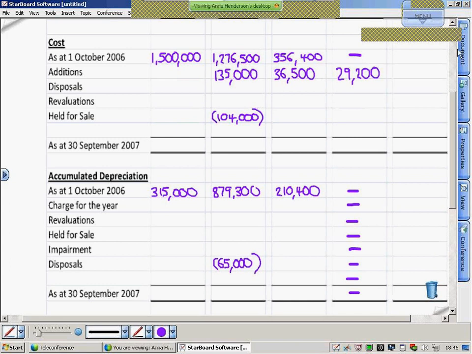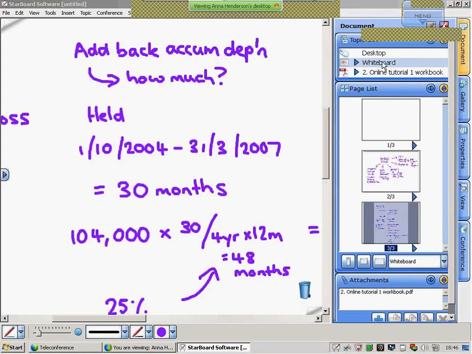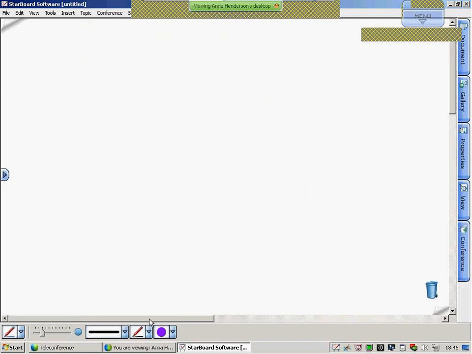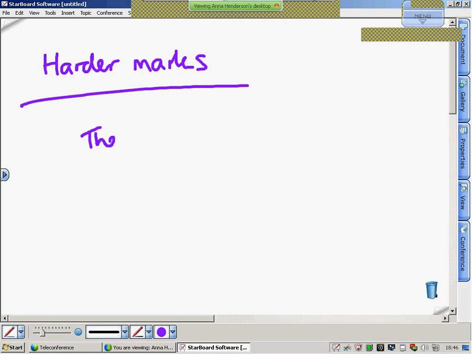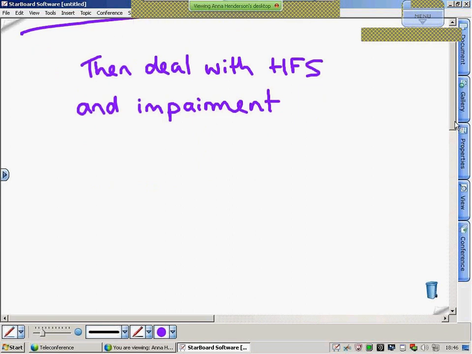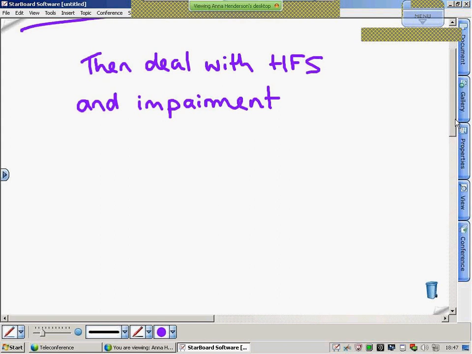So the next thing that we need to deal with, going back through to our workings, we now need to start thinking about held for sale.